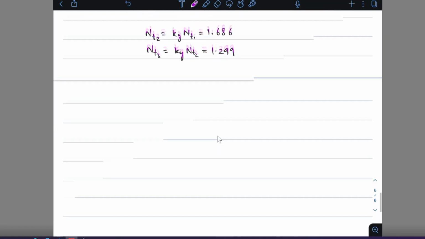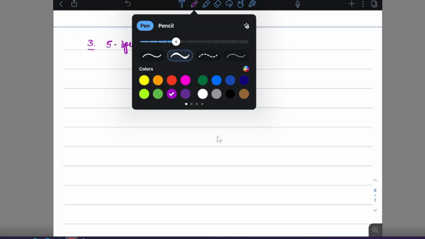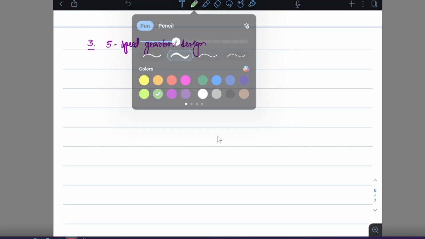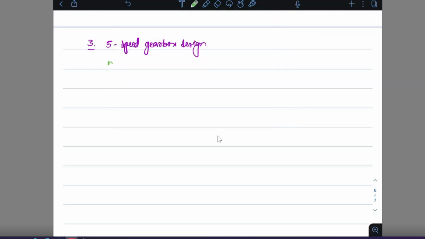So we want to do the same kind of thing for a 5-speed gearbox instead. N here is given as 5. It's the same vehicle.